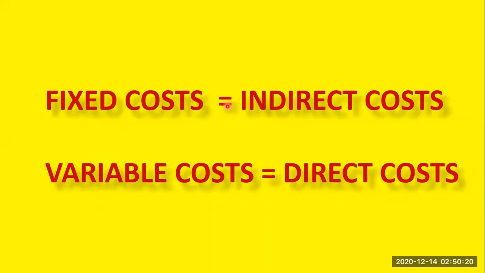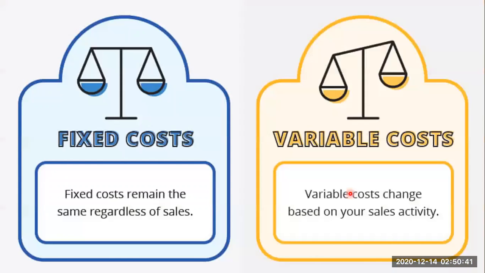All right, so that's why I use this. Sometimes in this video, you're going to hear me using fixed cost or indirect costs. Or you probably hear me saying variable cost or direct cost. All right, so saying this, I can continue.